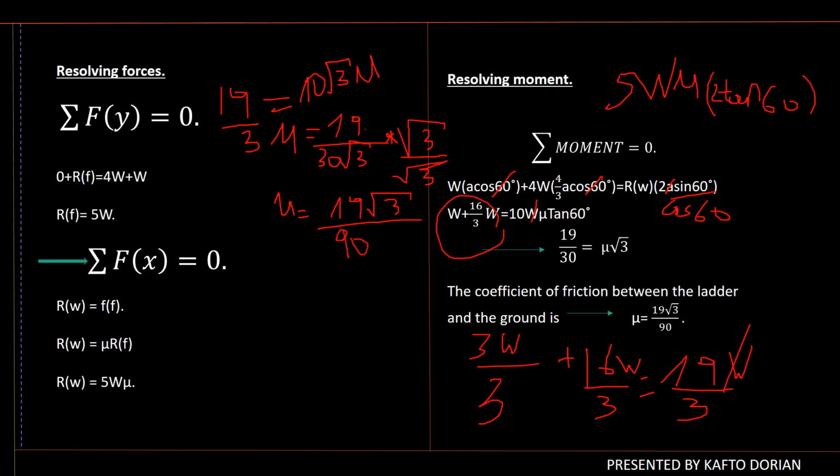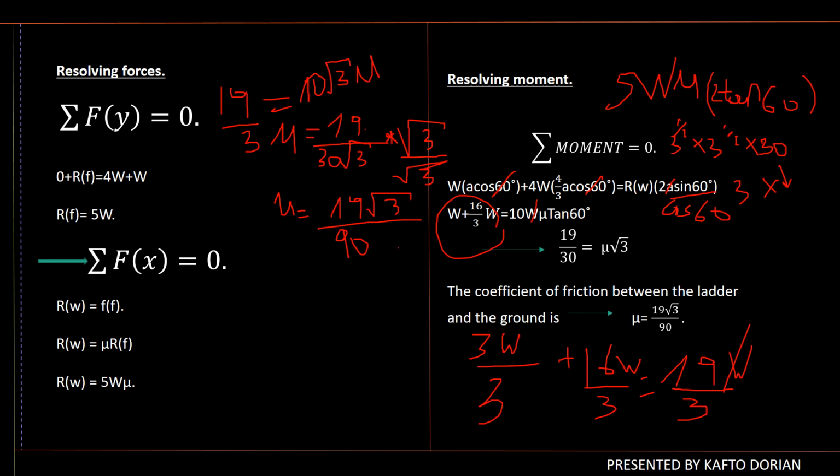Because if I have root 3 times root 3, root is the same as the power of half, so half plus half, adding the powers, gives me 3. So 30 times 3, I have 90. Yes, I have 90 as you are seeing here.